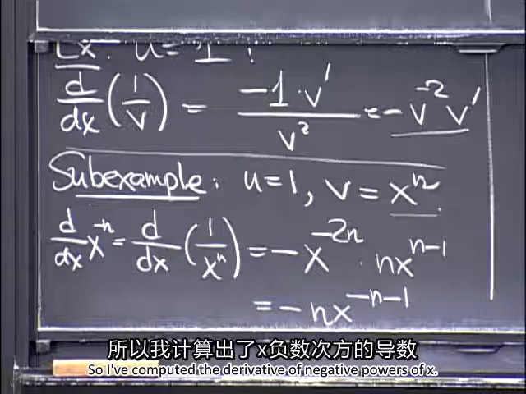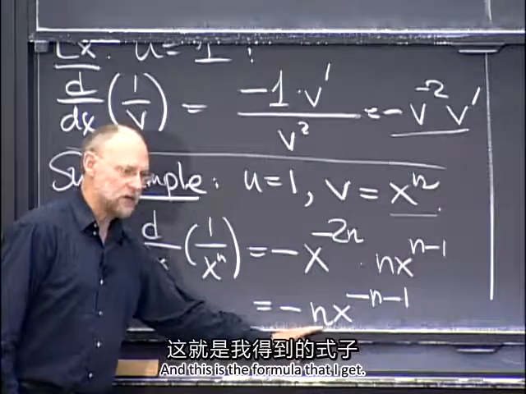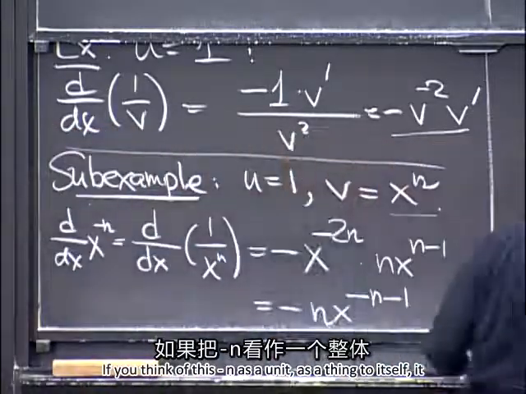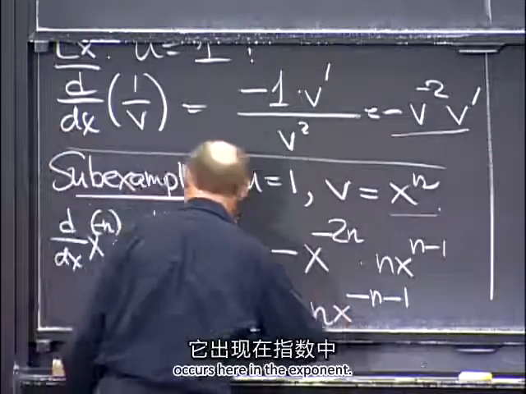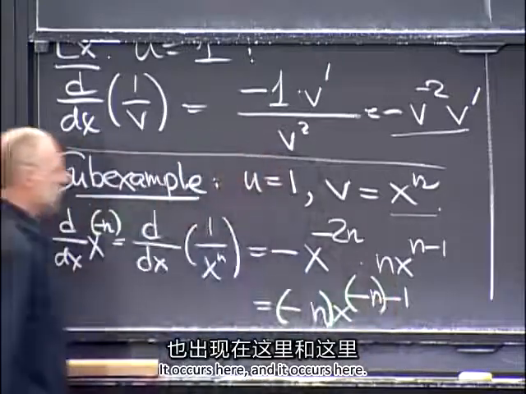So I've computed the derivative of negative powers of x, and this is the formula that I get. If you think of this minus n as a unit, as a thing to itself, it occurs here in the exponent, it occurs here, and it occurs here.